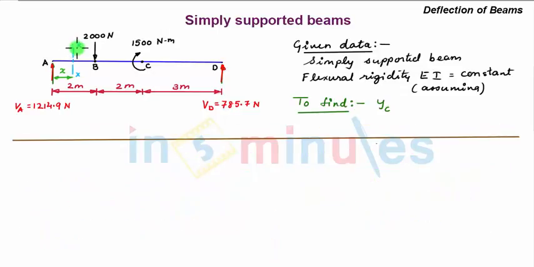We start from point A and move the section towards point D, towards right. Let the section be between points A and B, at a distance x from the origin A.